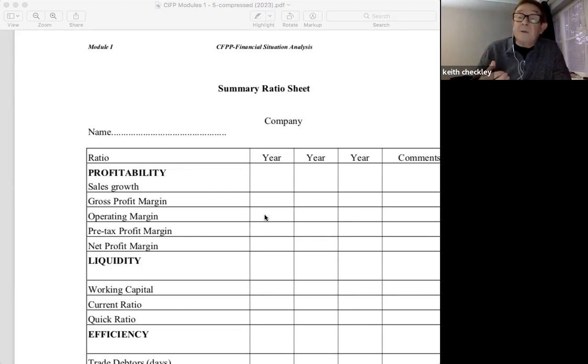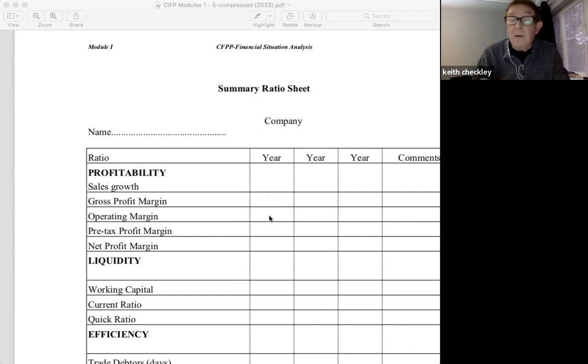So what we tend to do is approximate it to the nearest point. 0.65 and above, 0.66, 0.67, we would round up to 0.7. So you put in the chart there, 3.7. So we've got sales growth not applicable, gross profit 10%, operating margin 3.7%.